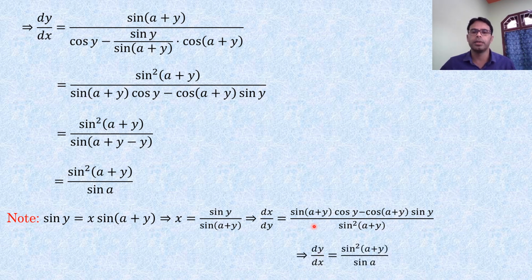Use the sin(a − b) formula, and y is cancelled, so only sin a will remain. But we need dy/dx, so write the reciprocal. I am writing dx/dy here, so this term will go to the numerator and the result of this whole term comes to the denominator. It is sin a only. I am skipping one line here only, so you can understand that line. So this is one alternative way for finding the differentiation of this problem.